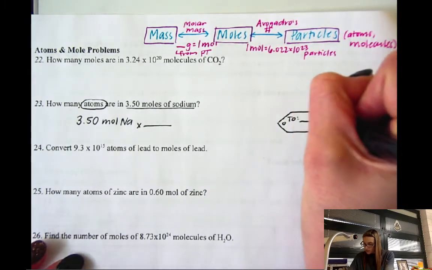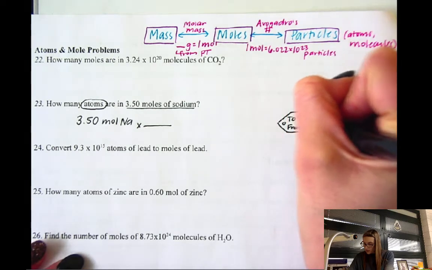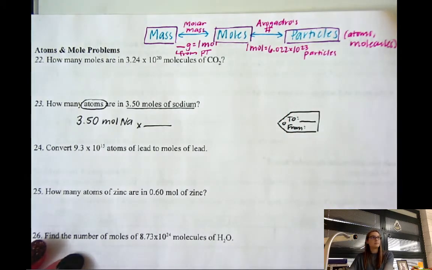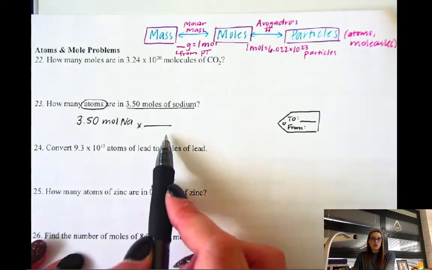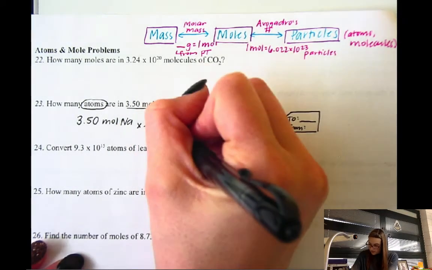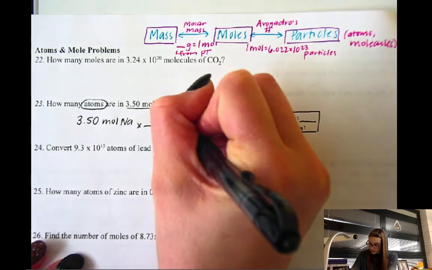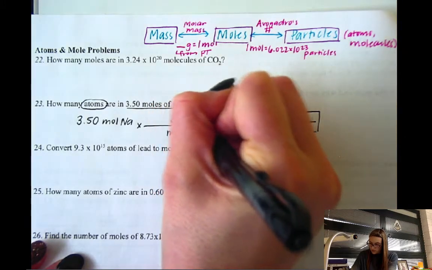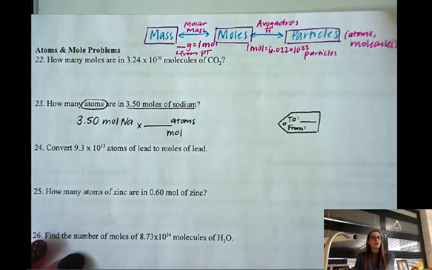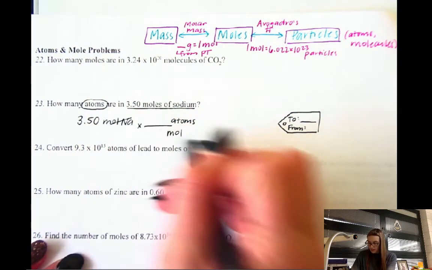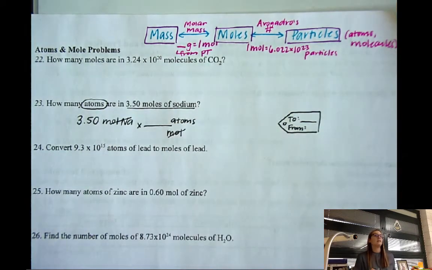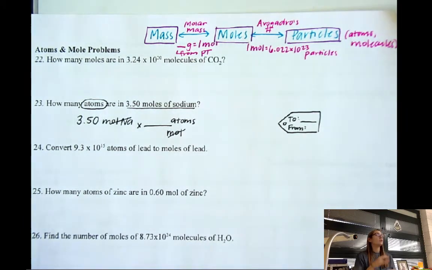Unit we're going to is on the top. Unit we're coming from is on the bottom. So we started with moles. That means we're going from moles to atoms. The reason that works out like it does is because if moles is on the top here and the bottom here, it cancels. We're left with atoms, which is what we want.